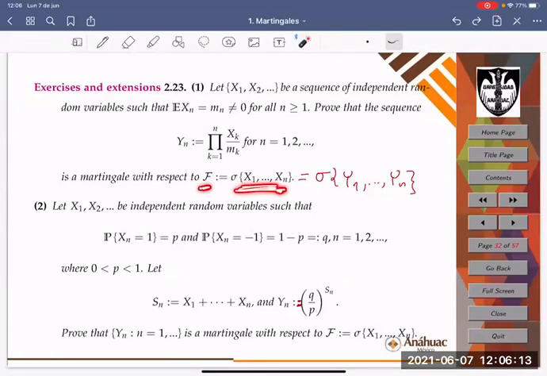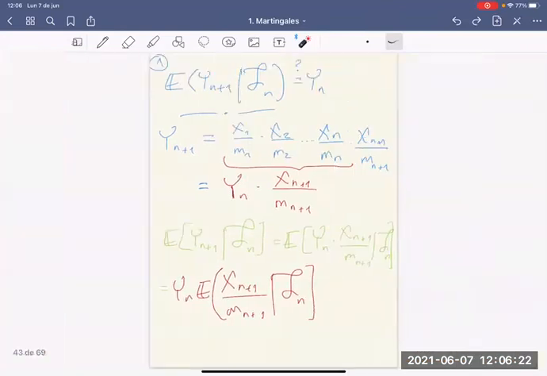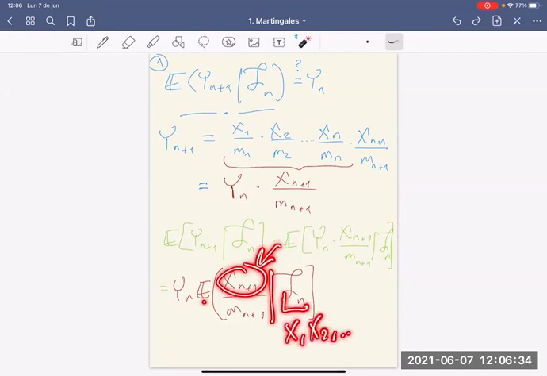Because what I'm saying is that all this history was generated precisely by these random variables. So that means that I am taking the expectation of this random variable given that a history of X_1, X_2, up to X_n just took place.